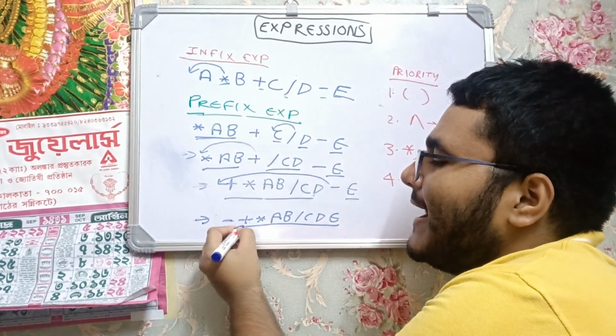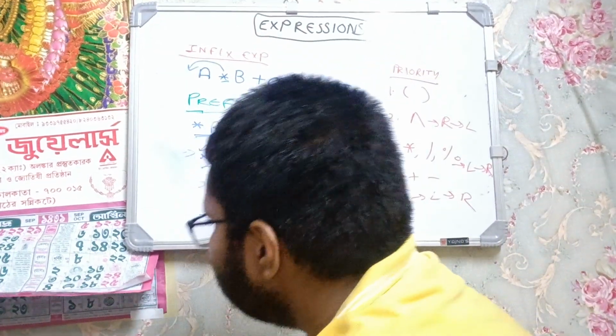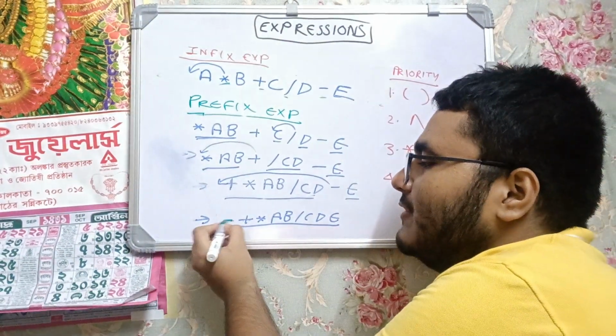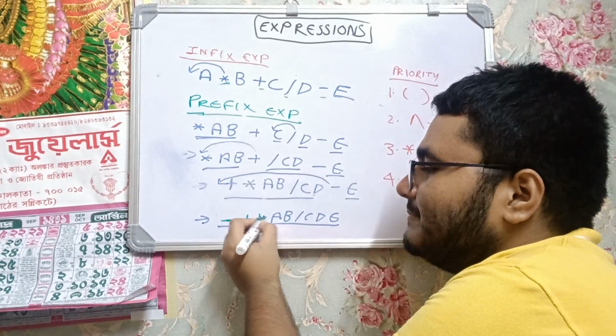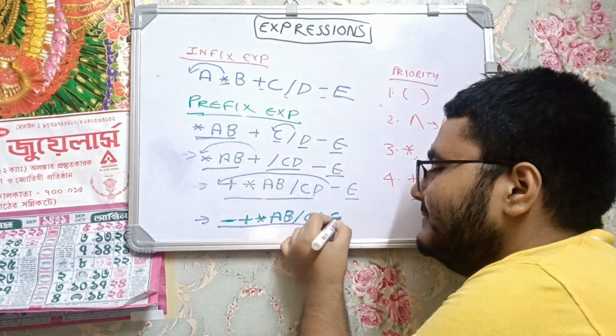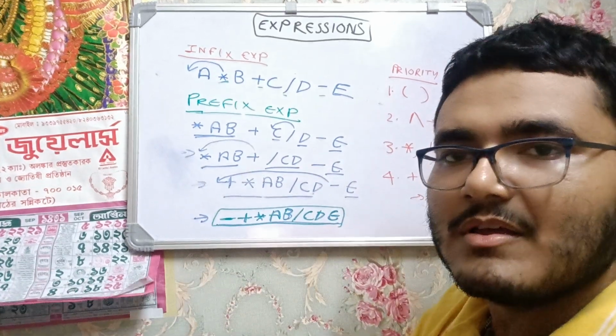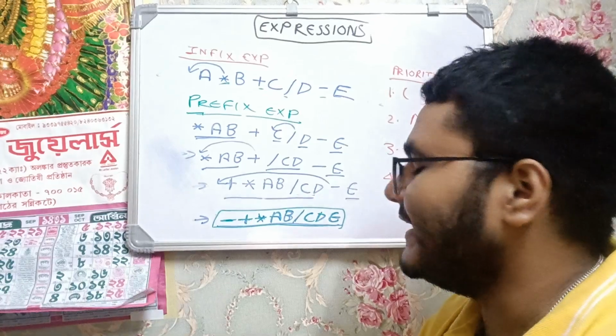Along with that, this minus also got merged, right? So this is our equivalent prefix expression. Equivalent prefix expression. E by c d e, right? Fine. Okay.